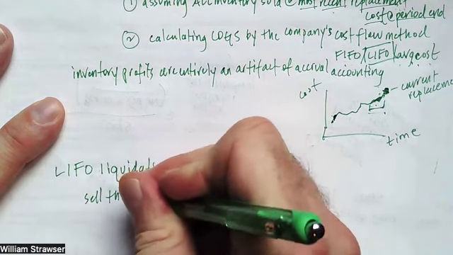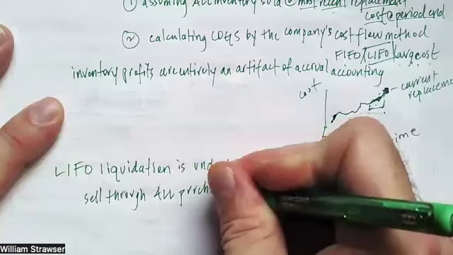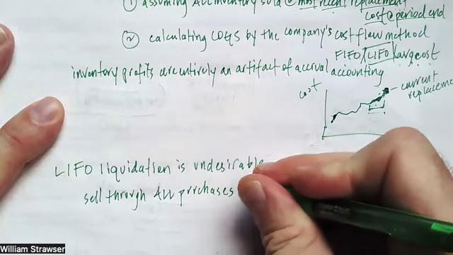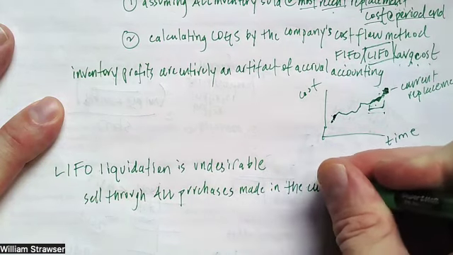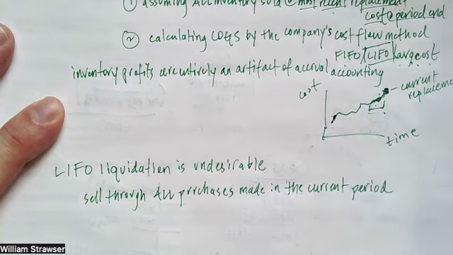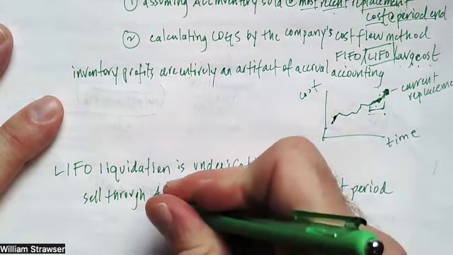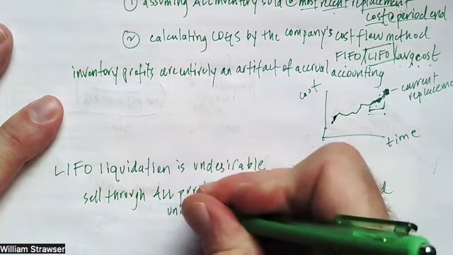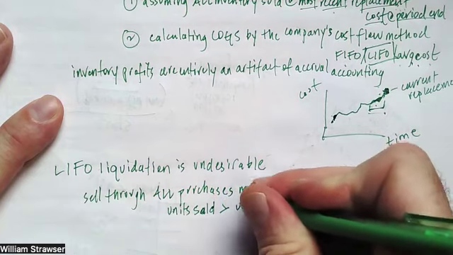through all purchases during the period, all purchases made in the current period. And that's important. So basically, sales, or I should say, units sold are greater than units purchased.